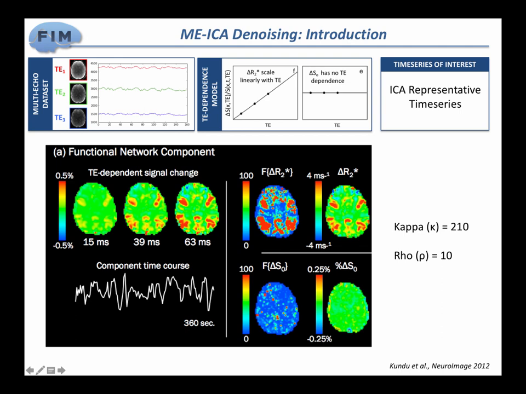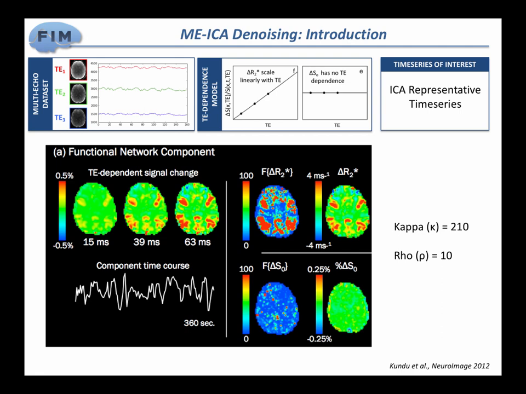Yes? Can you use the microphone, please? So the ICA is performed after OC, right? Yes. So how do you compute the components, spatial maps? So you do the optimal combination, you run the ICA, and then you get your 30 components, 40 components, okay?